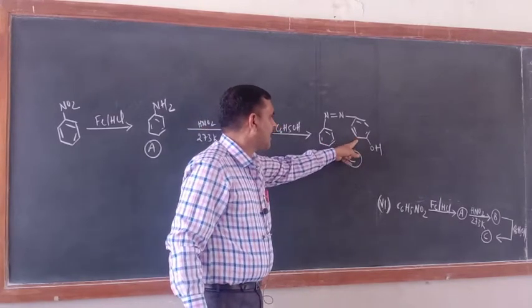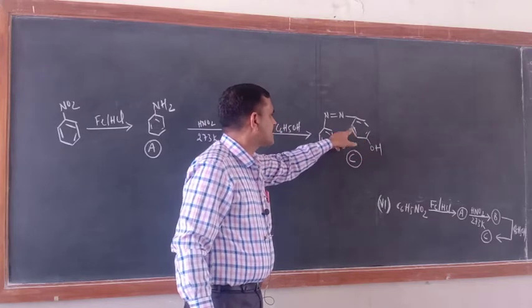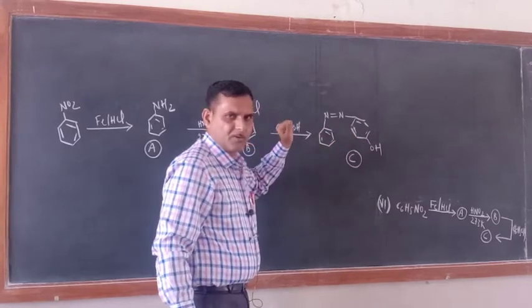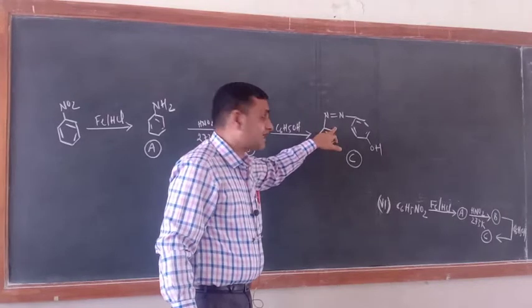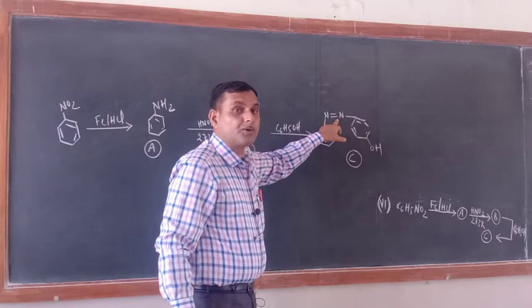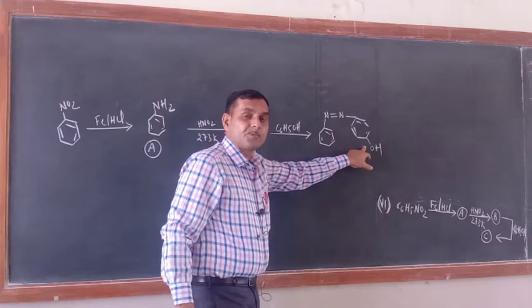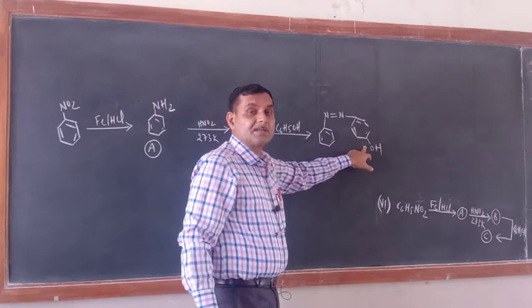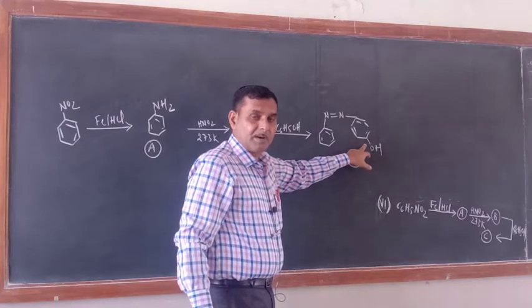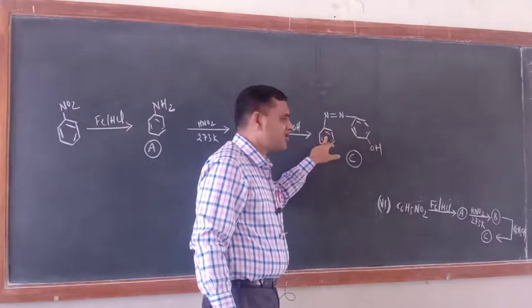Para hydroxyazobenzene. Okay, the word azo itself tells about the N double bond N, and this can hold the two benzene rings. So actually you should have been told para hydroxybenzene, but this won't come, para hydroxyazobenzene.